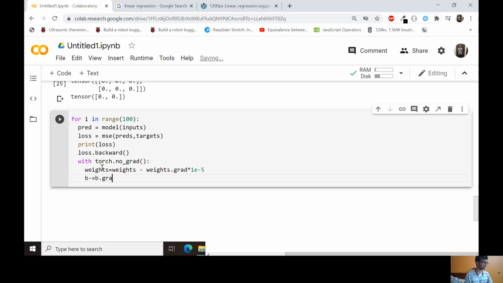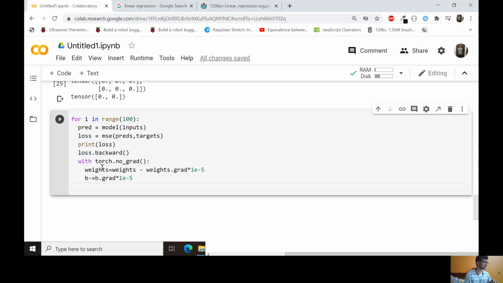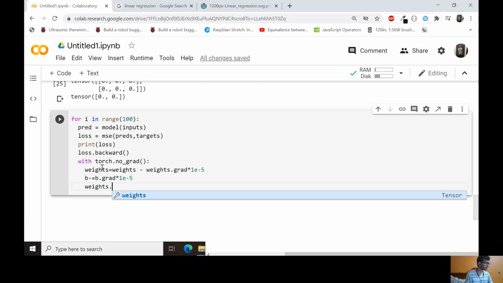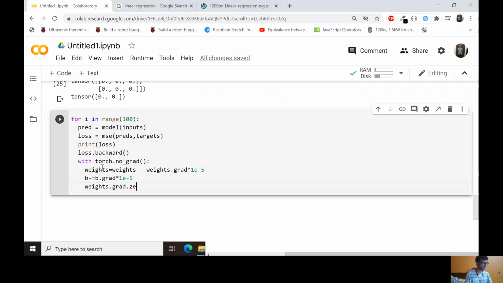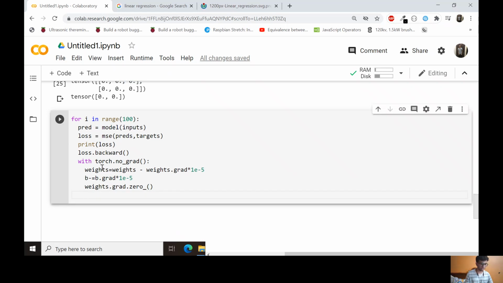Similarly, b minus equal to b dot gradient times 1e minus 5. And I'll again reinitialize the gradients that I have generated to 0, with weights dot grad underscore zero, similarly b dot grad dot zero.